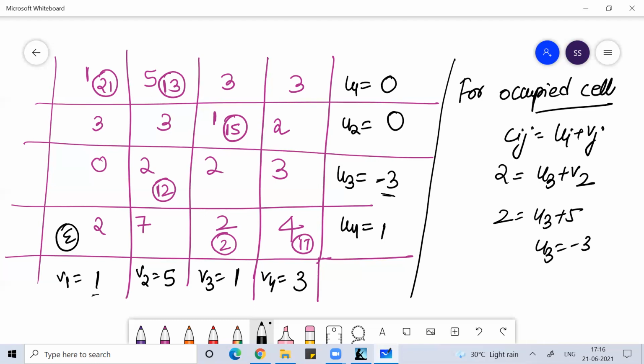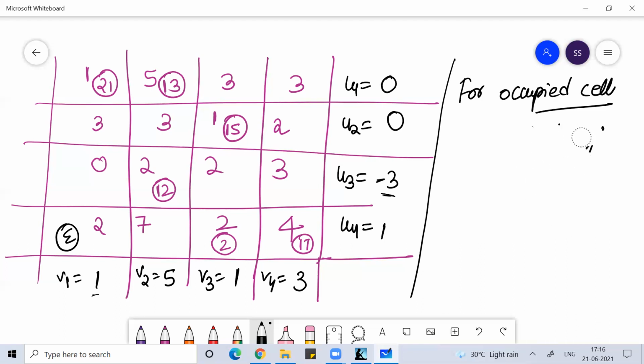So we'll do this for the occupied cells, and once we do that, we find the allocation. We have to put epsilon on that value so that it does not impact the total allocation done so far, so that it follows the formula Cij is equal to ui plus vj.